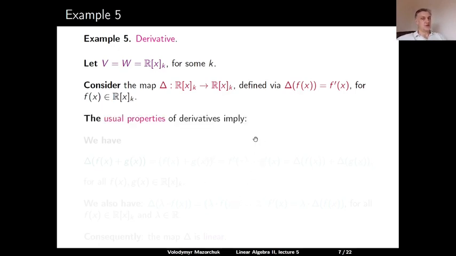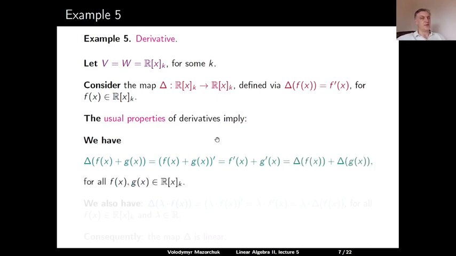Then the usual properties of the derivatives can be used to check the linearity of this map. If we apply delta to f plus g, then we need to take the derivative of f plus g. But we know that the derivative of a sum is equal to the sum of the derivatives. So we will get f prime plus g prime, and f prime is delta of f, and g prime is delta of g. So the first condition in the definition of a linear map is satisfied.